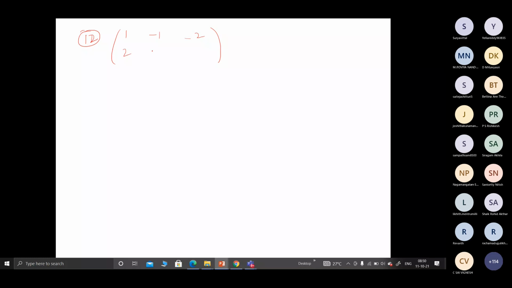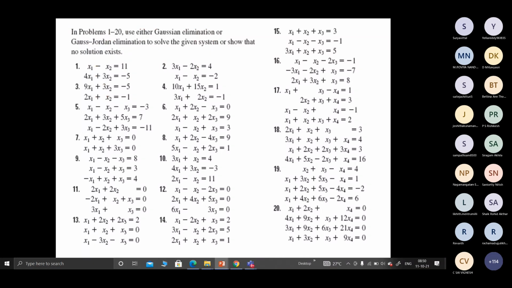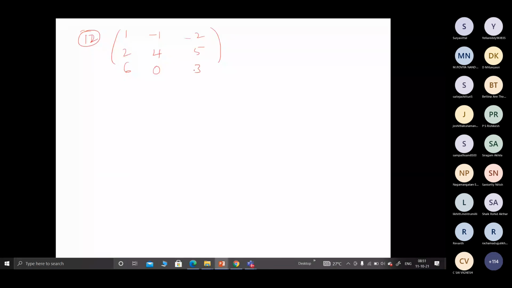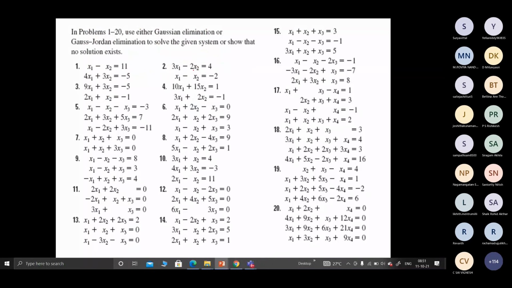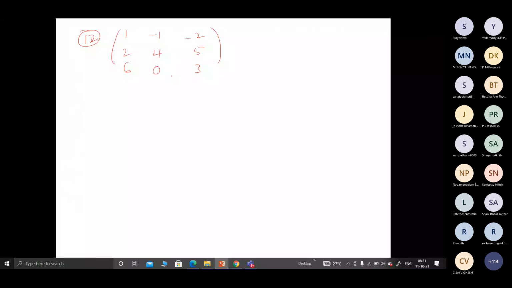Third one, 6, 0, minus 3. Yes, there is a minus. And the last column, the augmented matrix, is 0, 0, 0. So you need not write those zeros. If you want, you write: 0 here, also 0, here also 0.